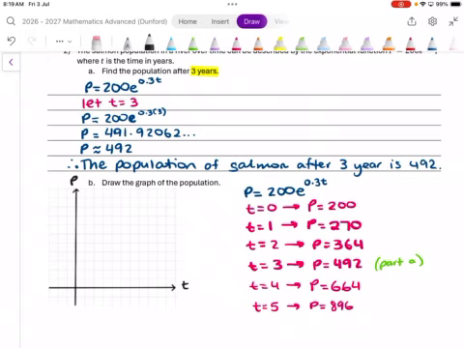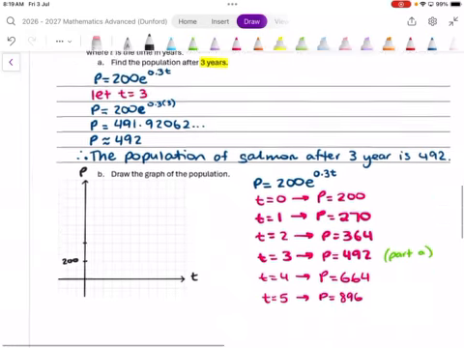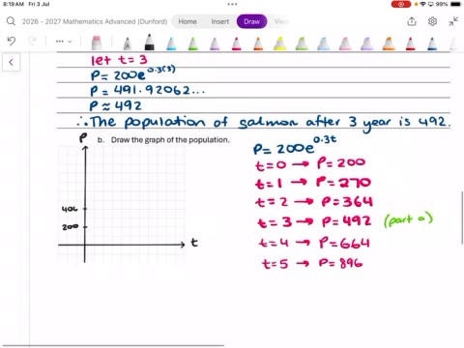We are going to go up every second square, and the highest point will be 1,000.